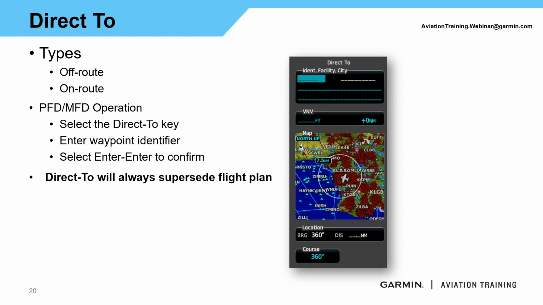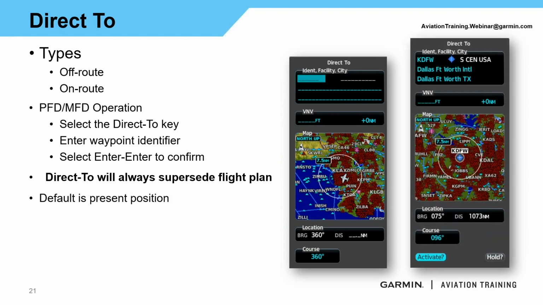That's telling the system I want to do something different. I want to navigate to something else. Therefore, the GPS signal is now calculating a different route. Default direction is from your present position. So we can realize that that doesn't always have to be the case.